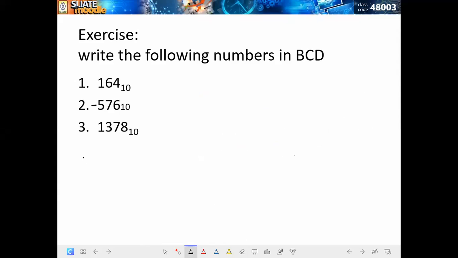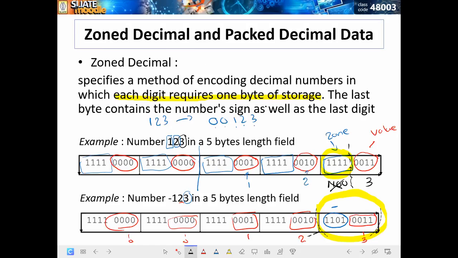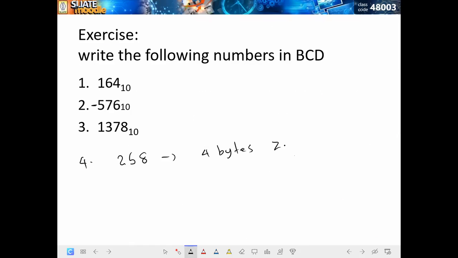You have to write 258 in 4 bytes, zone decimal format.